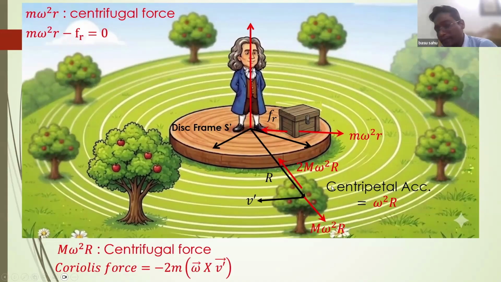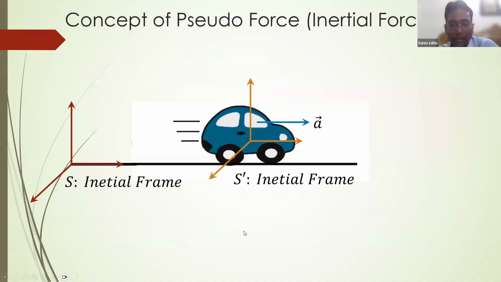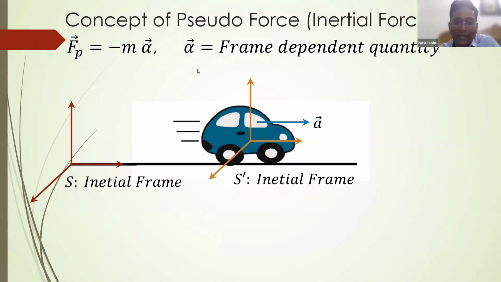So till now I have explained two particular pseudo forces: one is centrifugal, another is Coriolis force. There are other things, but I don't have much time, so I'm just concluding. Suppose you have an inertial frame S and another frame S dash, which is non-inertial. Sorry, there is a typographical error here. This is the inertial frame and S dash is the non-inertial frame. Then alpha is basically defined by A, which we have studied just earlier.